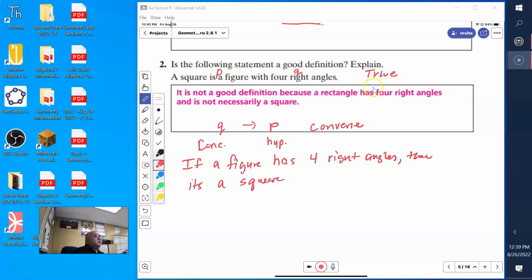That isn't a good statement because we can say as a counterexample, a rectangle has 4 right angles. So this would not be a good statement because it's not true when you write the converse. So this would not be a good definition. It says if a figure has 4 right angles, then it's a square. But like we said, we can have a counterexample. A rectangle has 4 right angles, so this would not be a good definition. Okay.